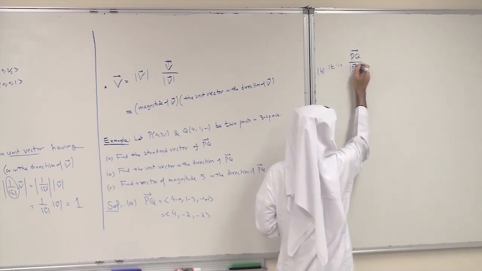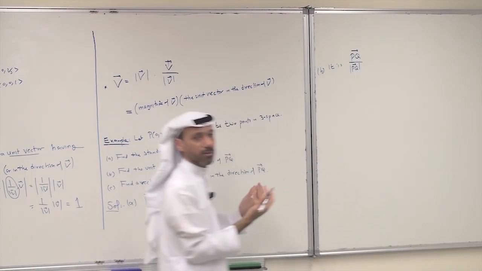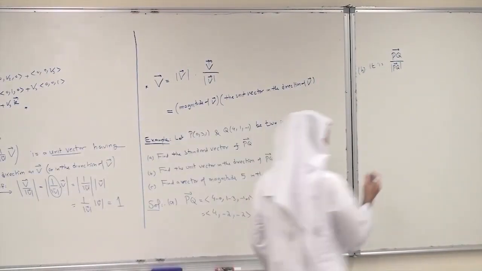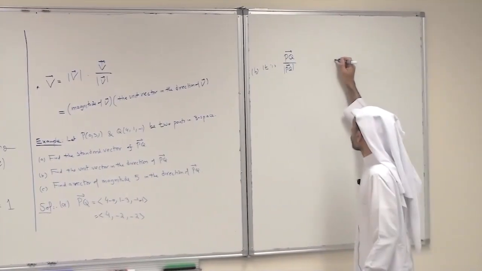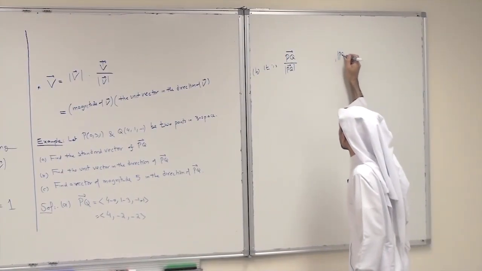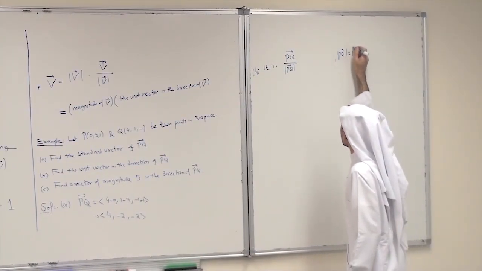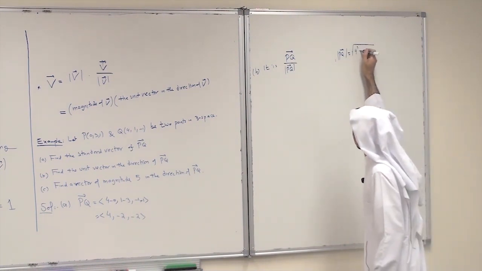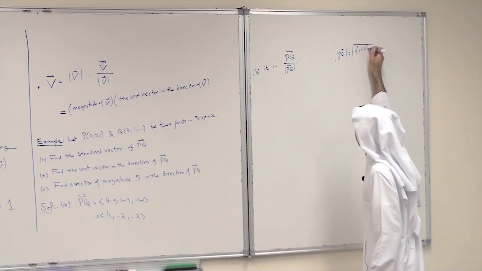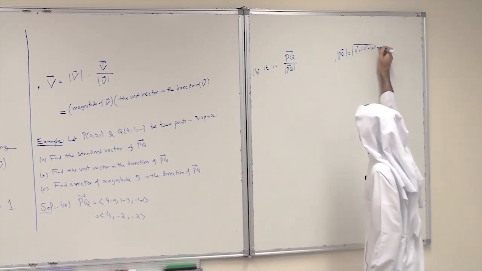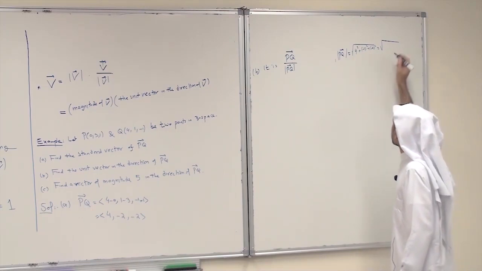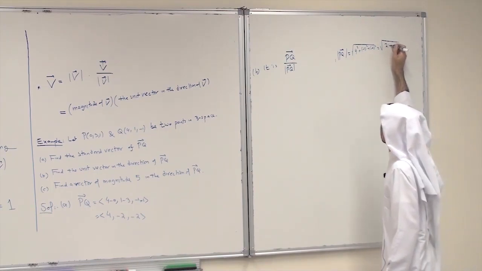This is how to make a vector a unit vector: divide by the magnitude. So what is the magnitude of the vector PQ? It equals the root of 4 squared plus minus 2 squared plus minus 2 squared, which is 16 plus 4 plus 4. This is 24.